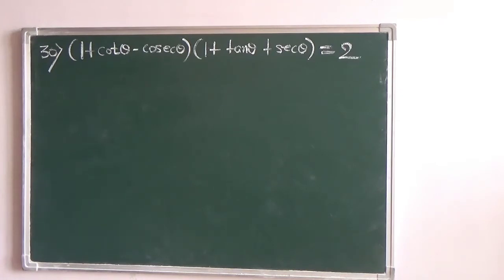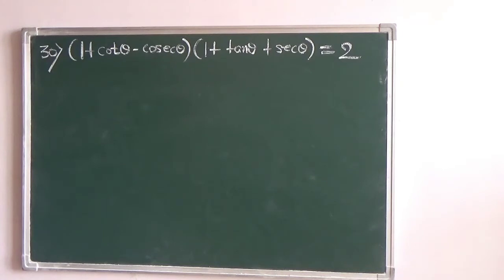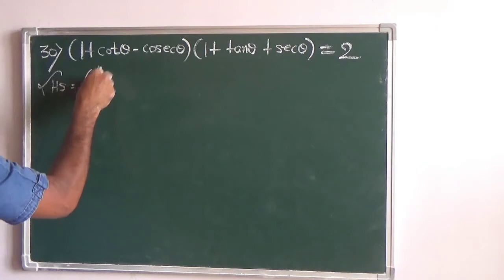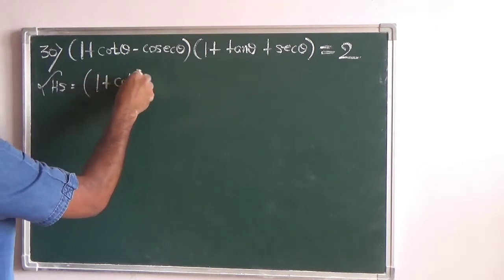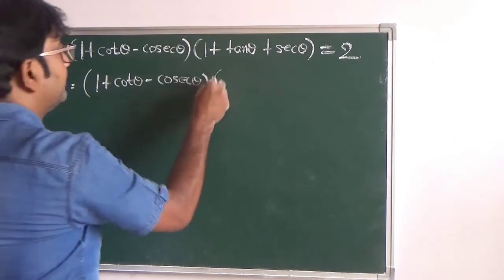Here we can proceed by changing this into sine and cos. Can we do it like that? 1 plus cot theta, you can write as 1 plus cos by sine, and cosec as 1 by sine. Let us check.